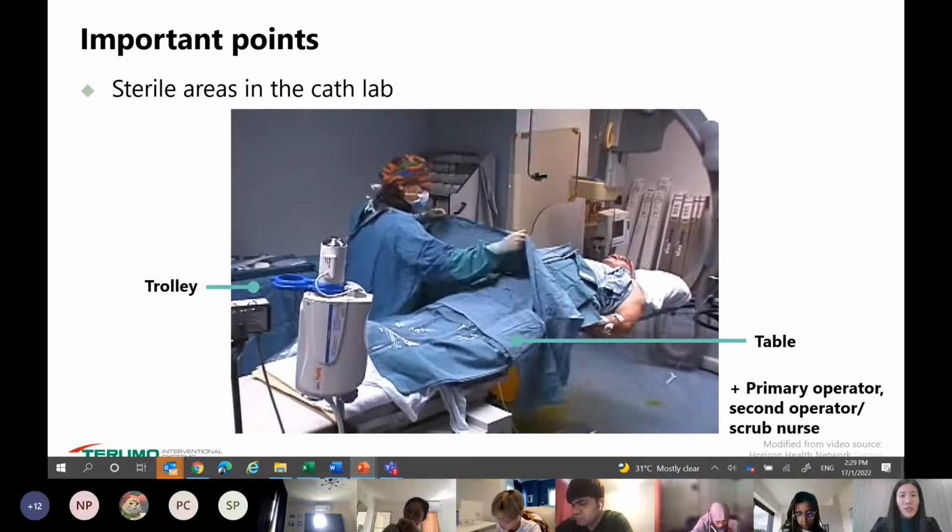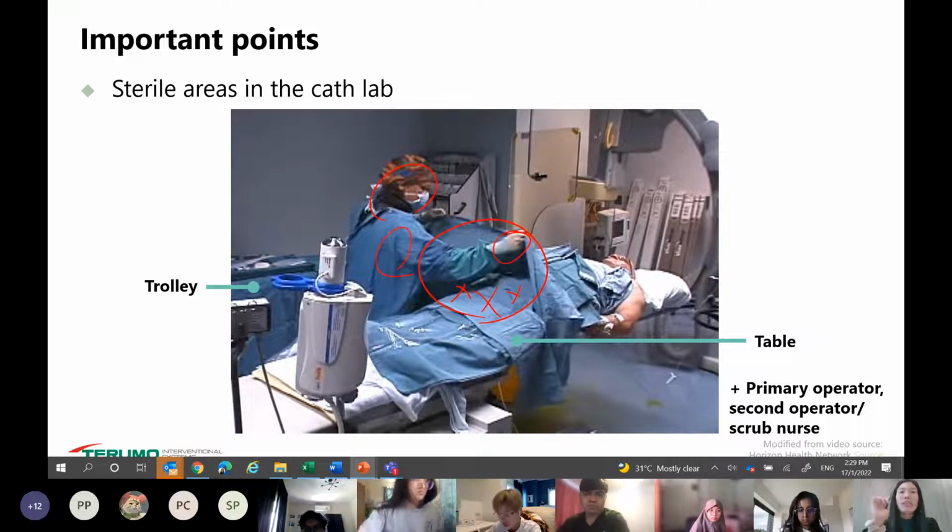Okay. As I've mentioned, these sheets are actually sterile. So they are laid over the patient. So these surfaces are all sterile. The operator, you see they're wearing gloves and they're wearing their gowns. Everything is sterile. So again, we need to take note to not even touch, right?